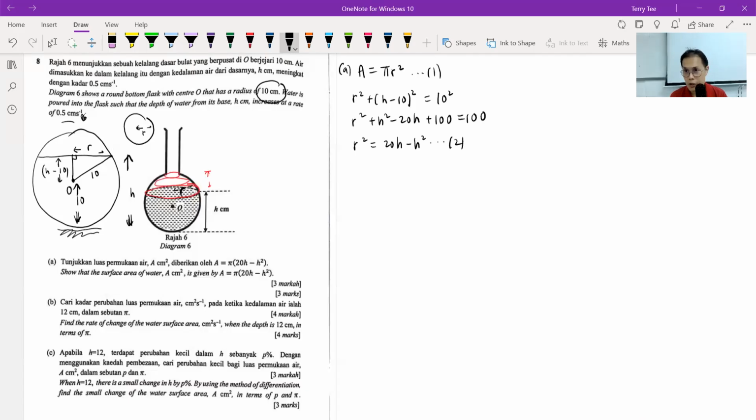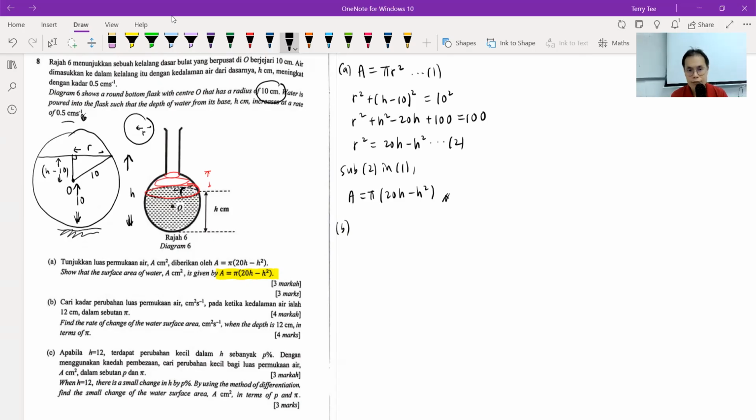Call this equation number 2. Let's substitute equation 2 into equation 1. My area is pi times (20h minus h squared). Can you see? Well, this is my answer. All right, part A, no problem.